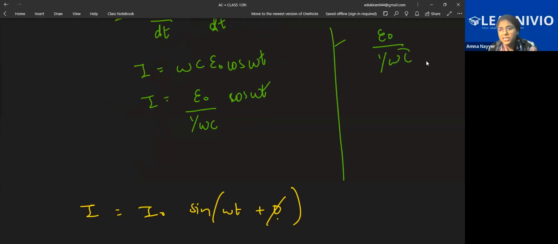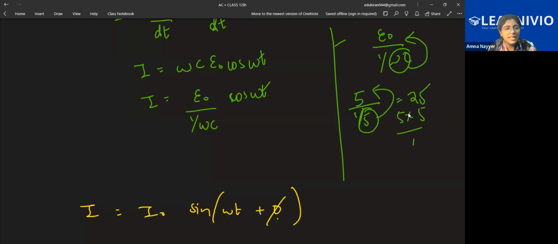You shift this term to the numerator. If I say 5 by 1 by 5, my answer will be 25, because this 5 will go up and it will be 5 into 5 by 1. This is how we use our basic maths. Clear?